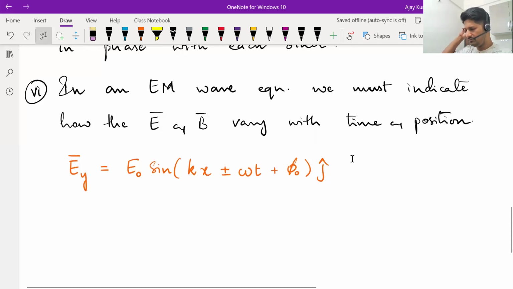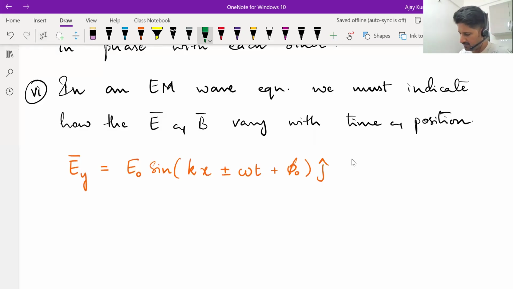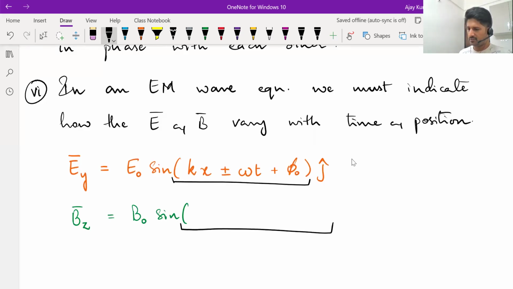Now we assumed the wave is moving in the x direction, and we assumed the electric field is produced in the y direction. Then the magnetic field gets produced in the z direction. It will also have some peak value of its own. And we said these two will be in phase with each other. Means whatever is the phase of the electric field equation, the same will be the phase of the magnetic field equation.